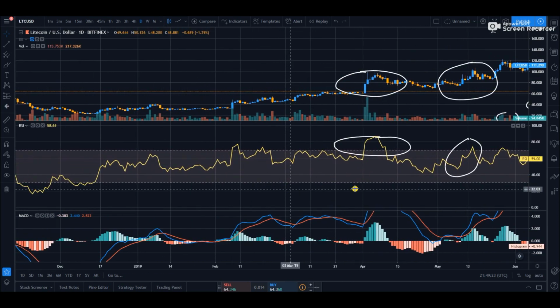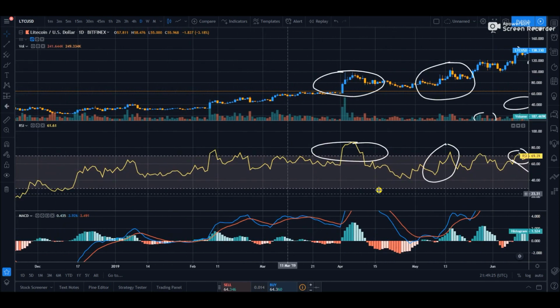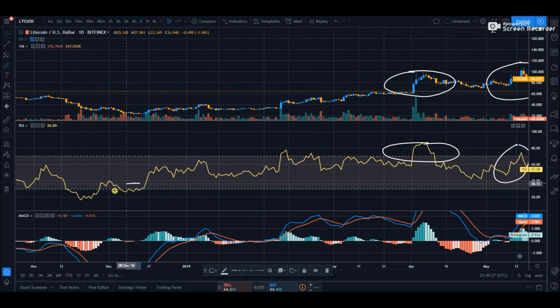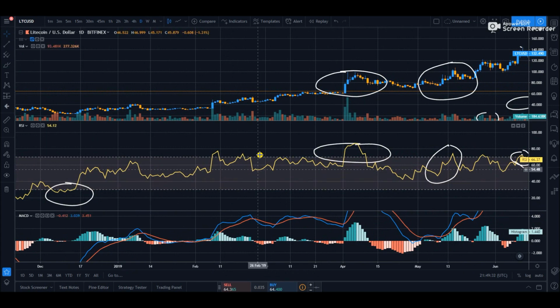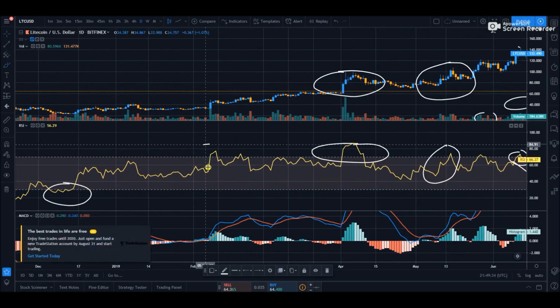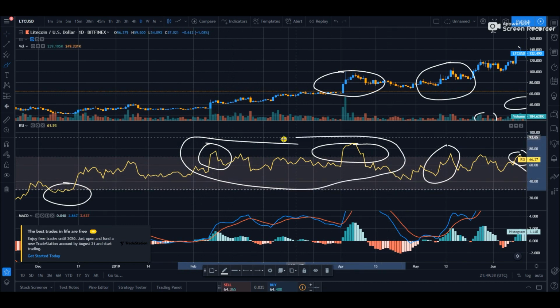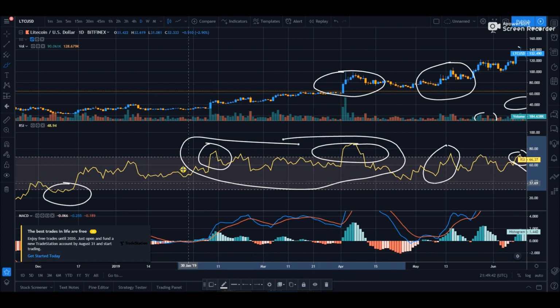Like this is a tip for you guys that are new to this. If you see that we just started the oversold levels right here, and then we tipped up right here to the overbought, but then we kept our momentum for a long time. February, here, let me move that for you so it's easier for you to see.